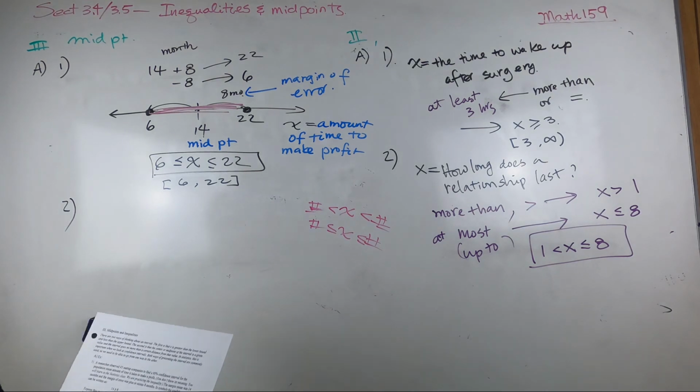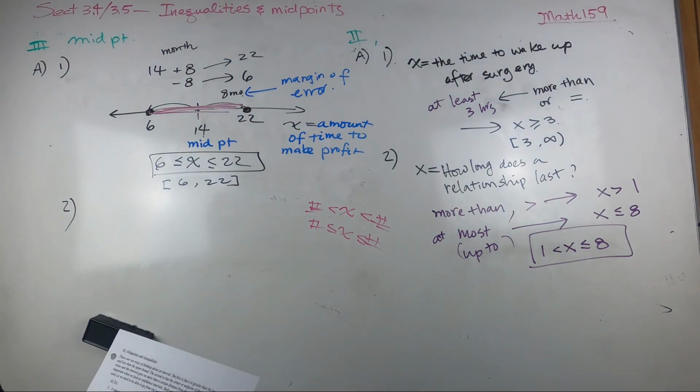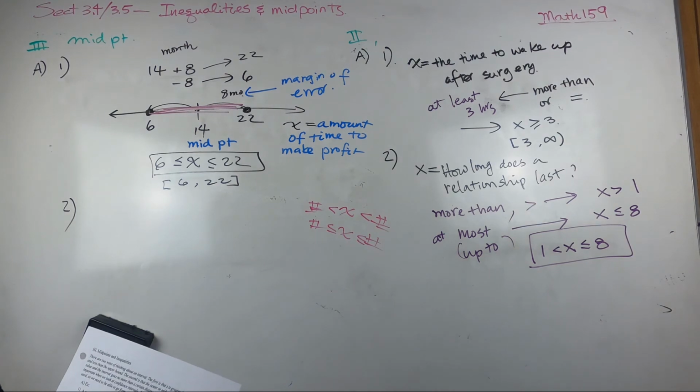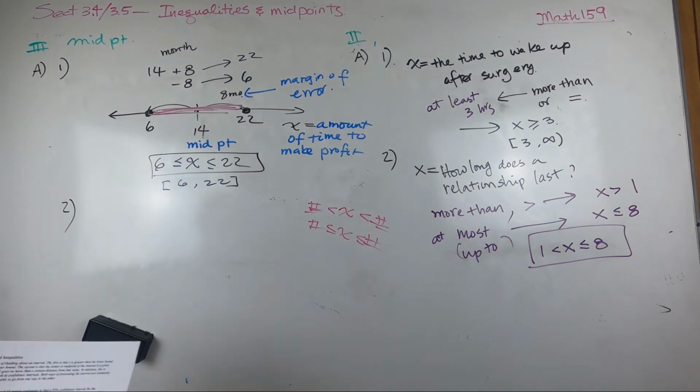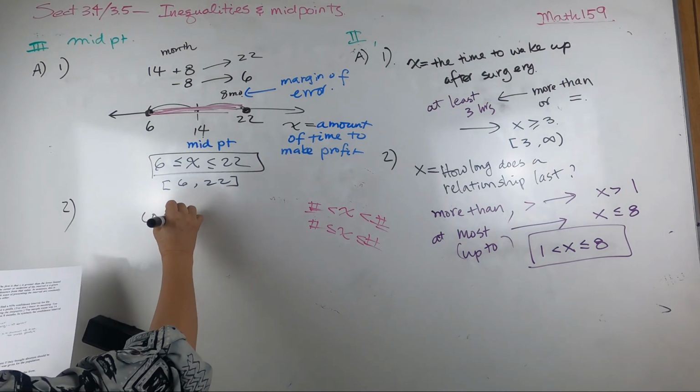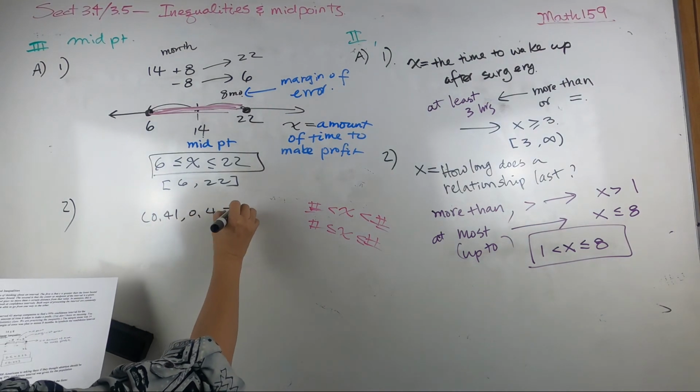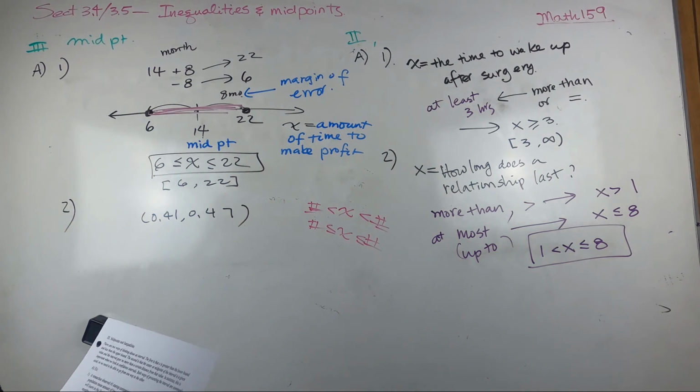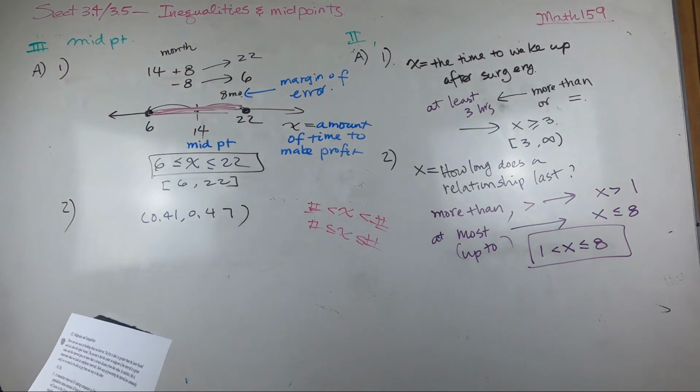Look at the next one. A researcher interviewed 1,000 Americans to ask them if they thought abortion should be against the law. The following 95% confidence interval was given for the population proportion of all Americans who are against abortion: 0.41 to 0.47, okay? Find the midpoint and the margin of error.